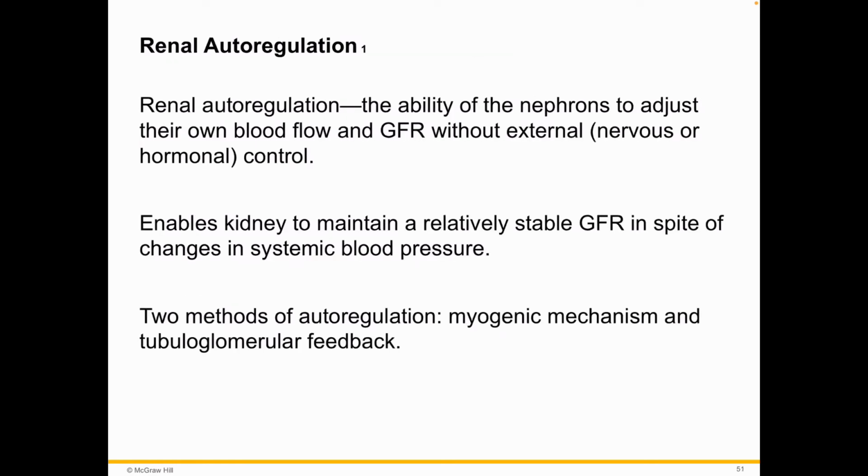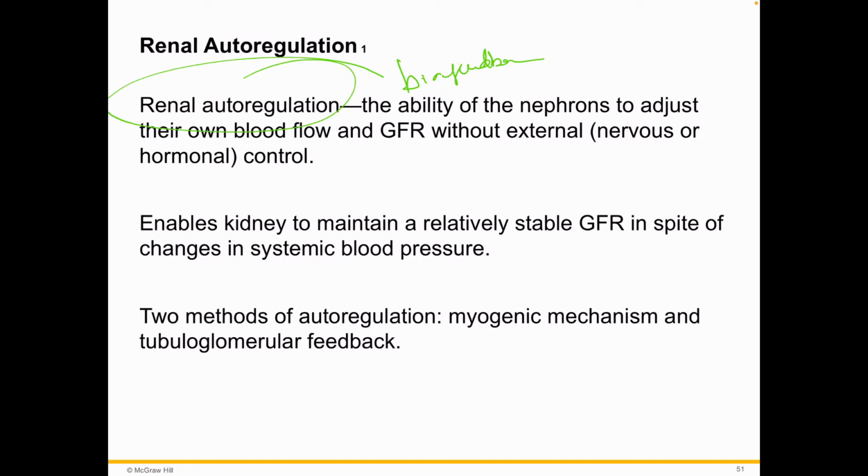So when we talk about renal autoregulation, the kidneys are able to regulate themselves in a way. What this means is that we're looking at the ability of the nephrons to adjust their own supply and the GFR, glomerular filtration rate, without any kind of nervous or hormonal control. So this is a really tight biofeedback loop.